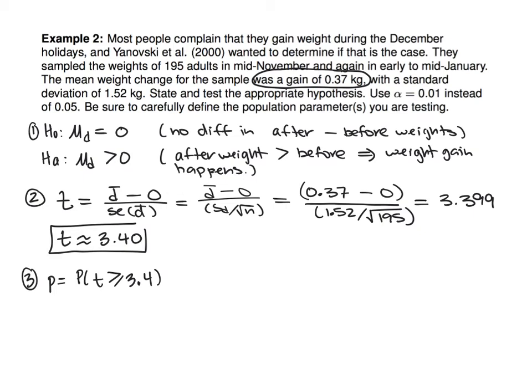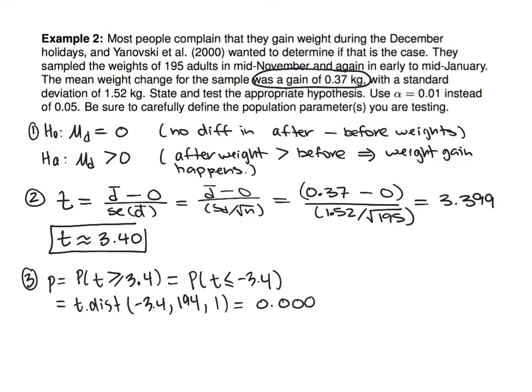And if you're using Excel, you have to go the other direction: probability t less than or equal to negative 3.4, which is equal to T.DIST(-3.4, 194 degrees of freedom, 1), which should give you 0.000409 approximately.